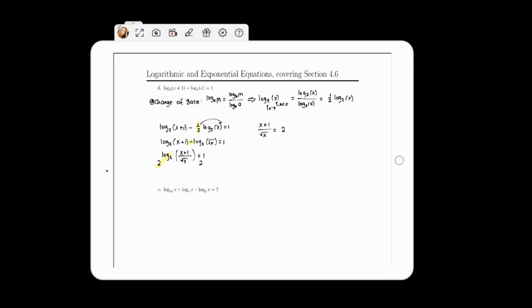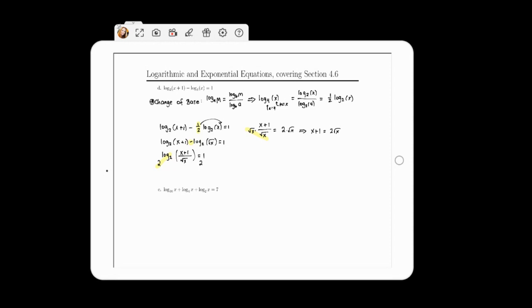A couple choices how you want to solve this. I'm going to multiply both sides by root x so as to cancel the denominator. Then I will have x plus 1 equals 2 times the square root of x.